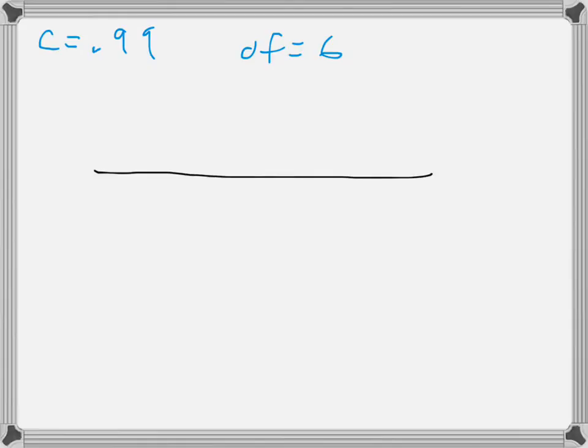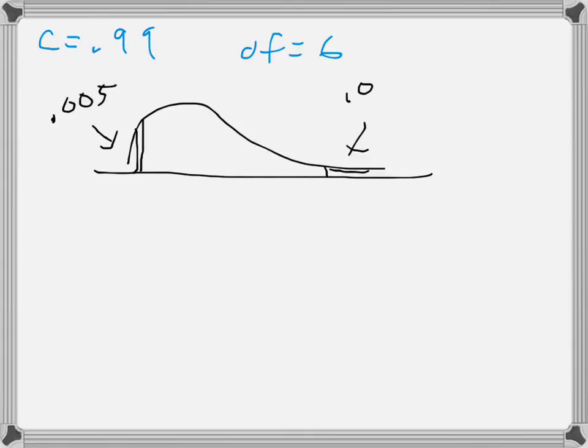For me, and I suggest this for you guys too, start out, draw the curve, figure out how much area goes into each tail. I do this very intuitively because I just think of half of whatever is remaining, but if you want to use that formula, go nuts.